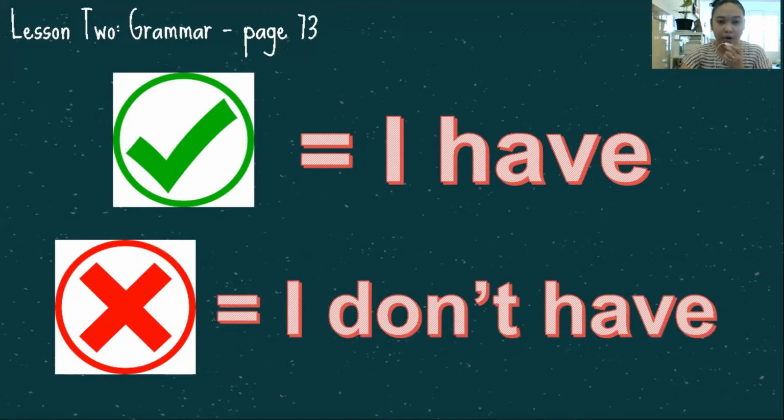In your homework, you can see the check mark and the X mark on the pictures. So you have to remember, if you see the check mark in the picture, that means I have. If you see the X mark on the picture, that means I don't have. So let's start.